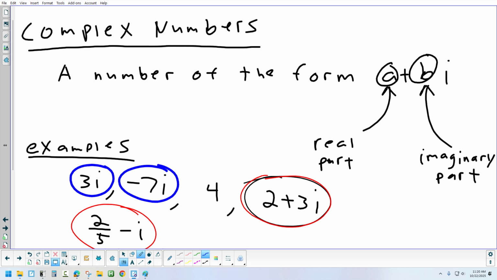All they have is an imaginary part. And the 4, the one I just circled in purple, that's just called a real number. So they're all complex. Everything is a complex number that we study. It's just sometimes a complex number has just a real part, just an imaginary part, or both a real and an imaginary.